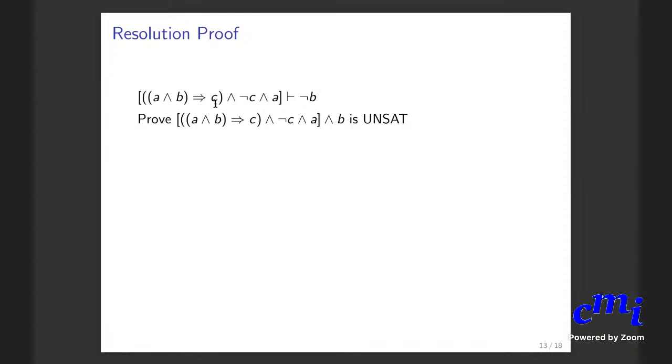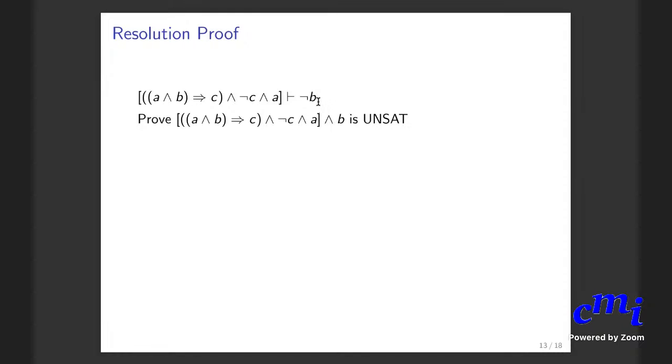All I've done here is convert this into an implication, because, as I said, in propositional logic this logical deduction, denoted by the turnstile, has the same meaning as replacing it with implication. So what I've done is take the negation of that.